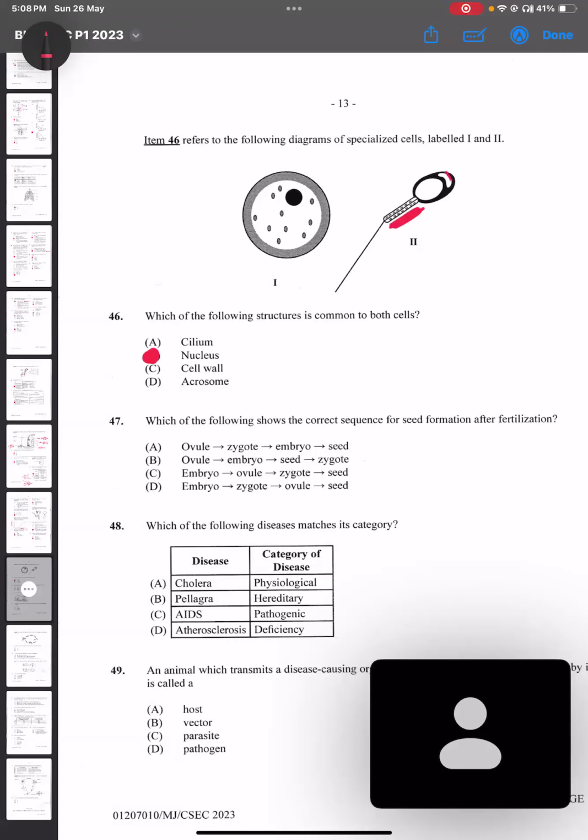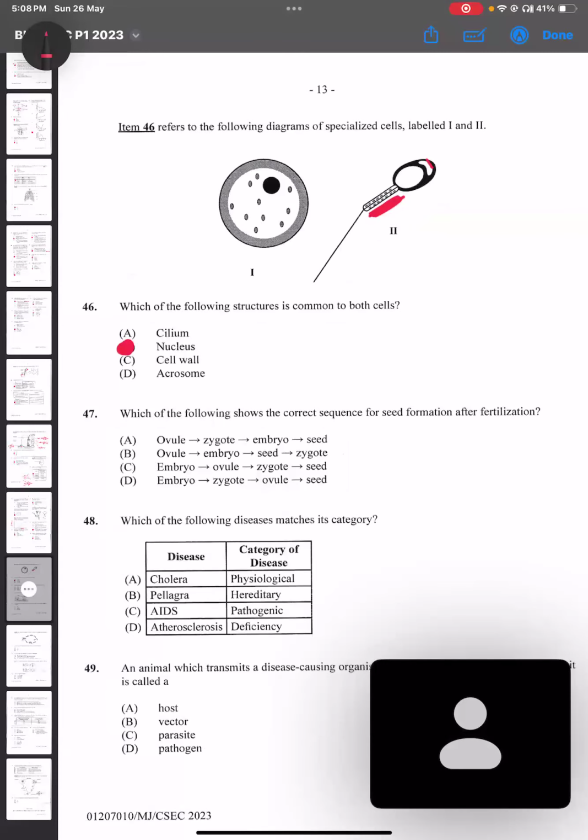Cell wall, we know that is not in animal cells, and the cilium is usually some form of tail or something like that. So the only thing that all of them would have in common is the nucleus. And then for 47, it says, which of the following shows the correct sequence for seed formation after fertilization?